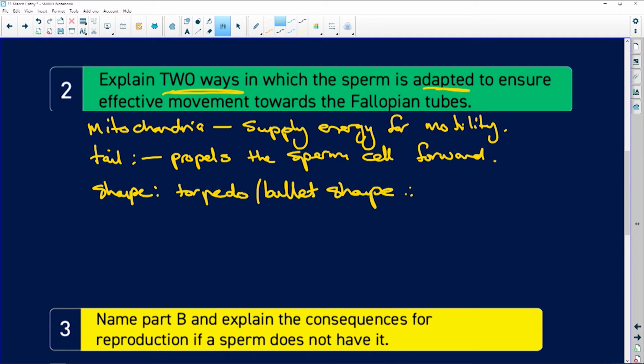So therefore it is streamlined, and because it is streamlined, it reduces friction. So that little sperm cell can go all the way up through the cervix, into the uterus, and into those fallopian tubes to now fertilize the little egg cell.